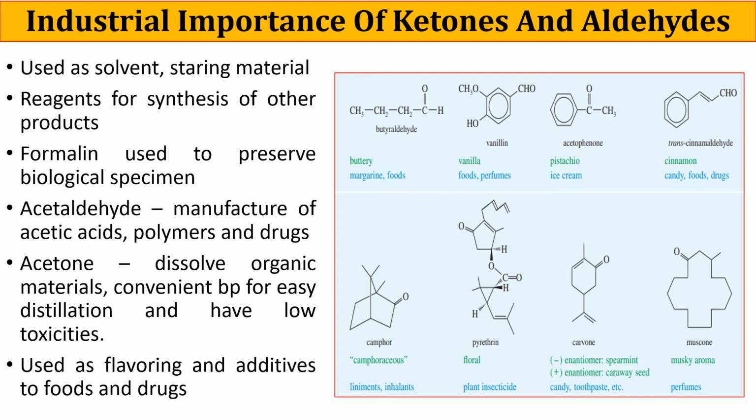Pistachio, used in ice cream. The name of the compound is acetophenone. Trans-cinnamaldehyde is used as a cinnamon odor for candies, foods, and drugs. Other examples of ketones and aldehydes for household products are camphor, phthalate, carvone, and muscone.